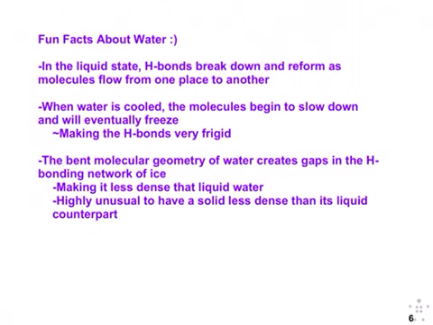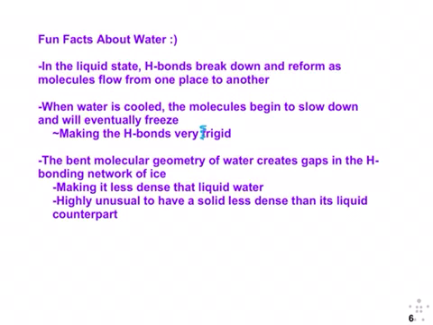When water is cooled, the molecules begin to slow down and will eventually freeze in place. This makes the hydrogen bonds very rigid, not frigid. And so this we'll talk about in this next bullet. The bent molecular geometry of water will create gaps in the hydrogen bonding network of ice.